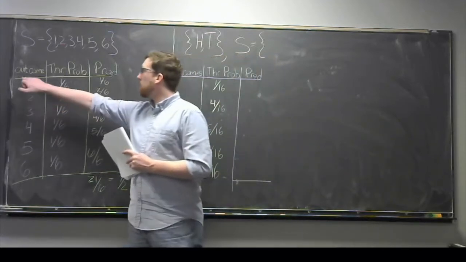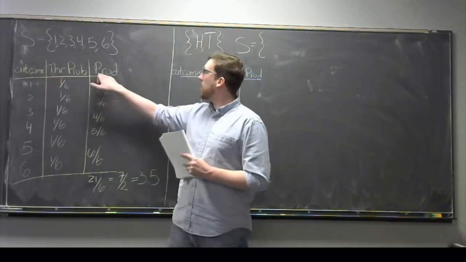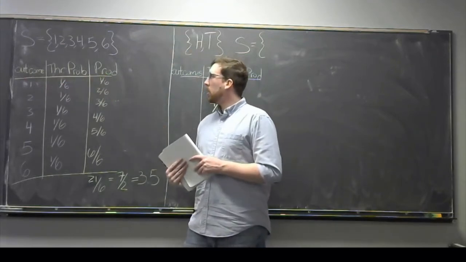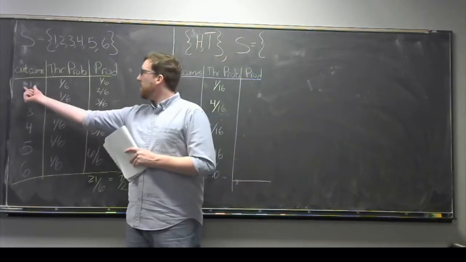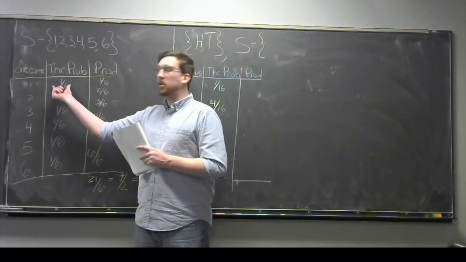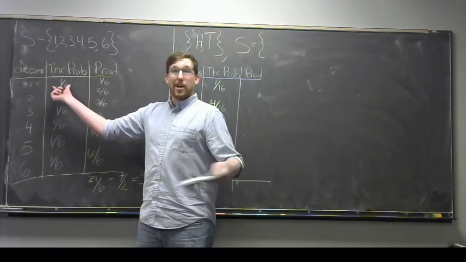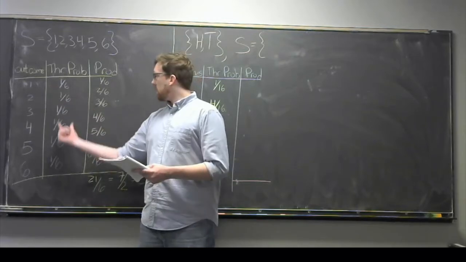We can go straight to setting up the table to help us calculate the expected value. So we set up this table with a column for outcome, a column for theoretical probability, and a column for products. Now what we're doing is we're saying if the outcome is 1, well, the theoretical probability of rolling a 1 is 1/6. Matter of fact, theoretical probability of rolling any number on a die is going to be 1/6.